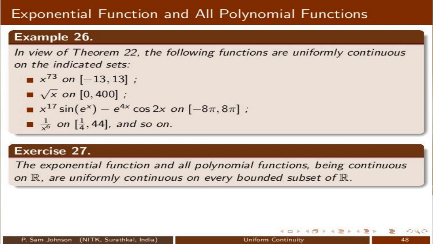So the bounded set, which is a subset of that closure, is also uniformly continuous, because on the bigger set we are able to get a delta, and on the smaller set the same delta is useful. So the exponential function and all polynomials are uniformly continuous on every bounded subset of R.